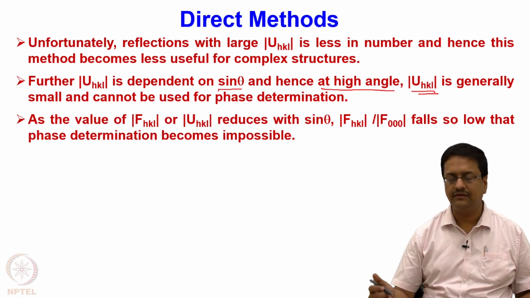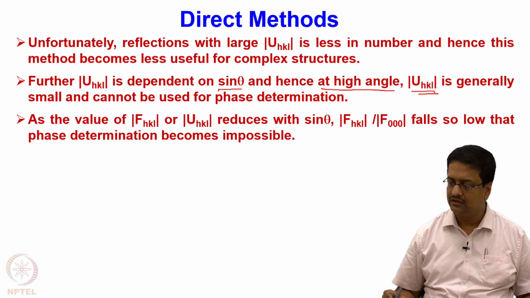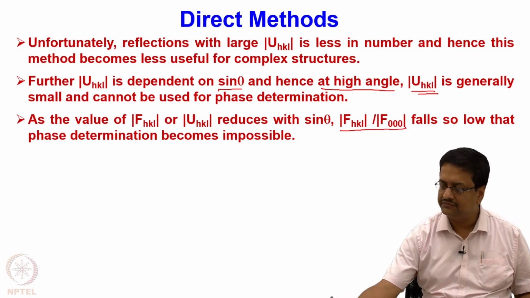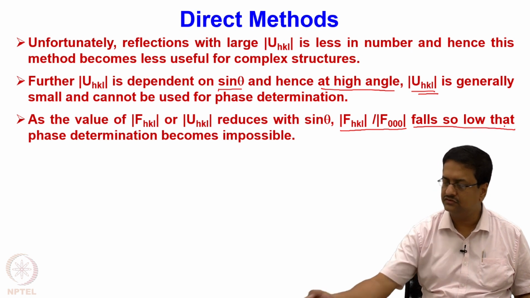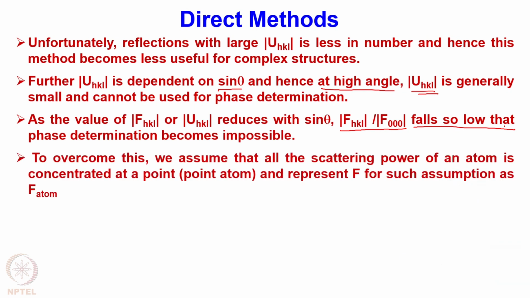So as the value of F_HKL or U_HKL reduces with sin theta, F_HKL by F_000 falls so low that phase determination becomes impossible. To overcome this, we assume that all the scattering power of an atom is concentrated at a point.